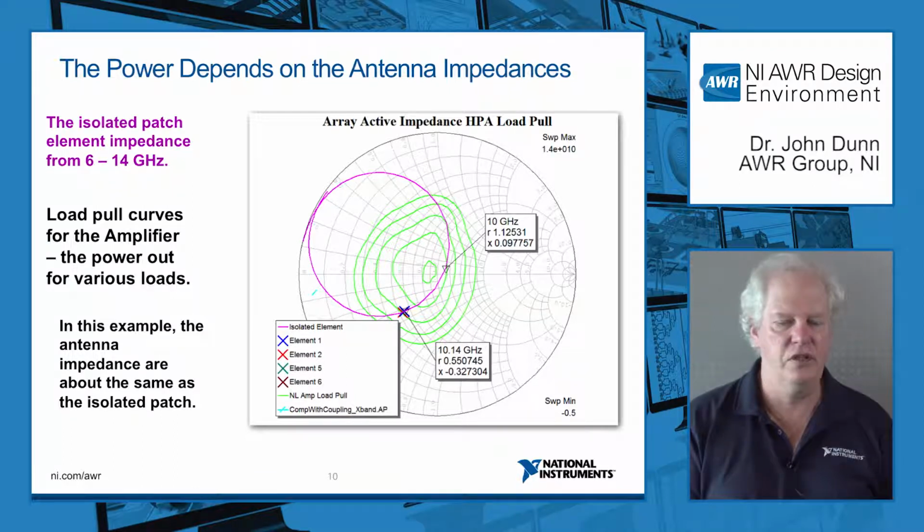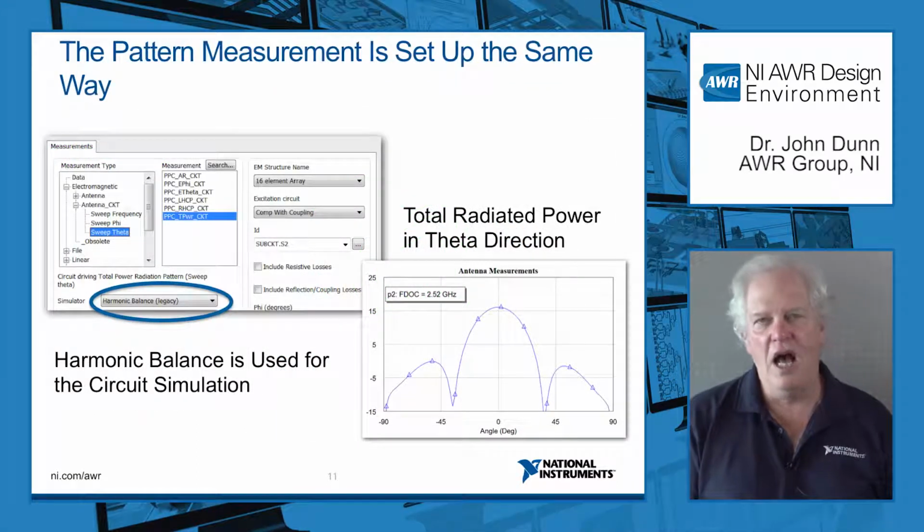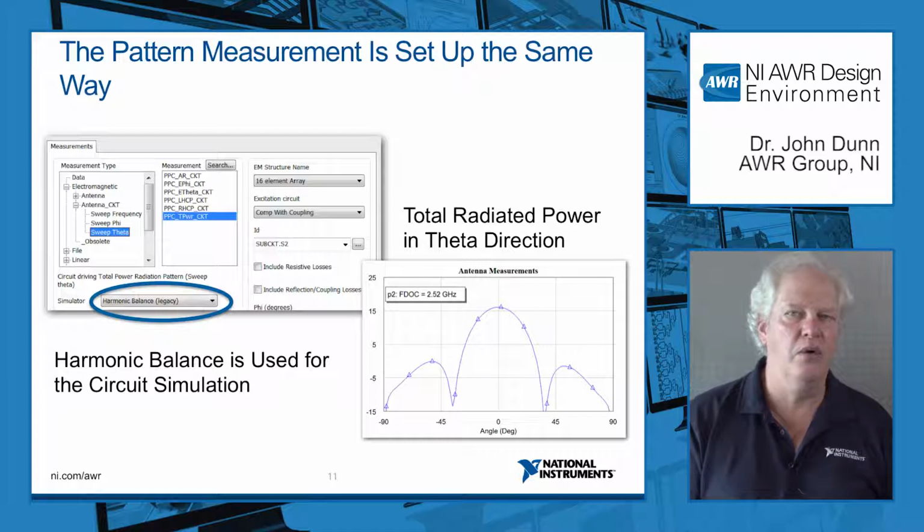So what we have on this graph is you're seeing maximum power out with the green circles. Of course, you want the maximum power you can get in the middle there. And then the purple circle is the various load impedances of the antennas as we scan the beam. And what the engineer is doing here is trying to achieve some sort of compromise as they go through this in situ simulation.